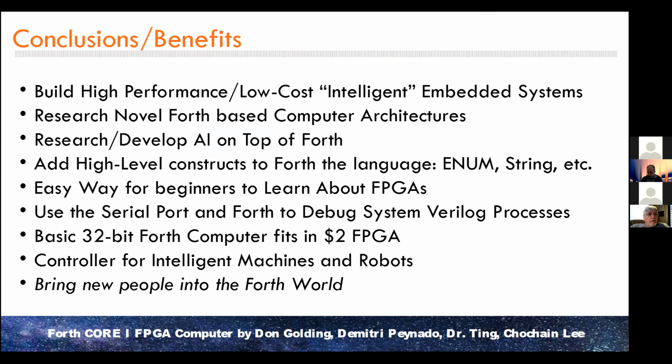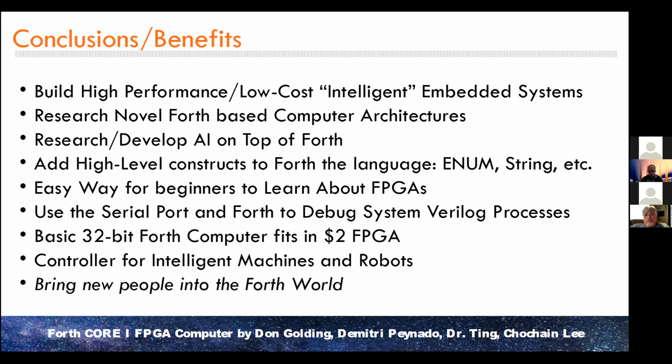So we want to build high-performance, low-cost, intelligent embedded systems, research novel Forth-based computer architectures, research and develop AI on top of Forth, and add high-level constructs to Forth. It would also be an easy way for beginners to learn about FPGAs because they don't have to learn all the tools. They could actually download this thing, create some little programs in SystemVerilog, make them a word, and just call them interactively over the terminal.